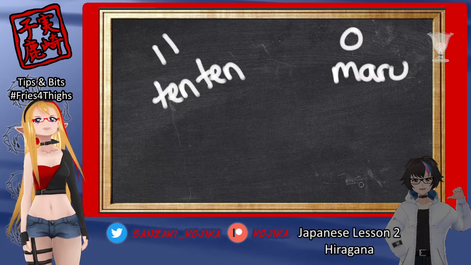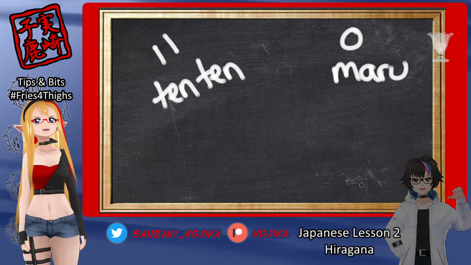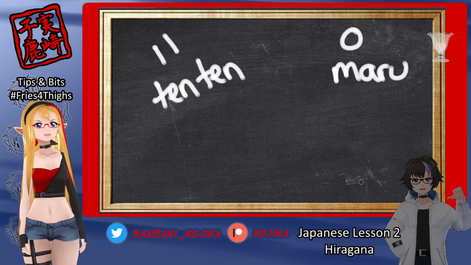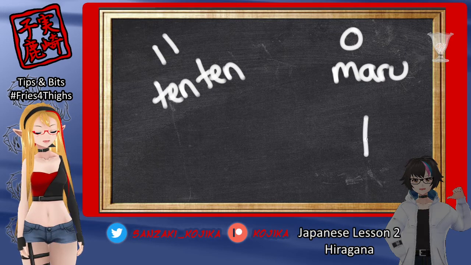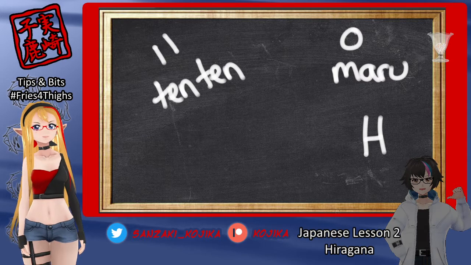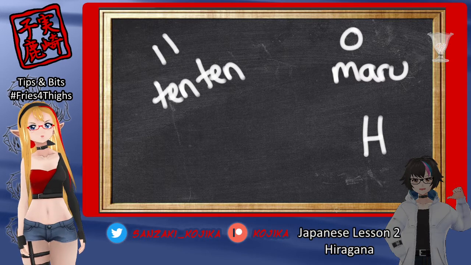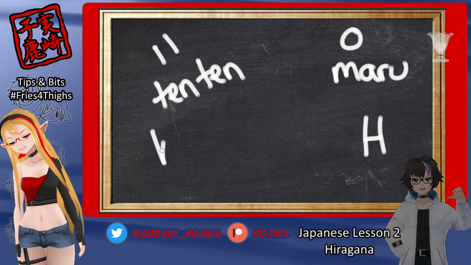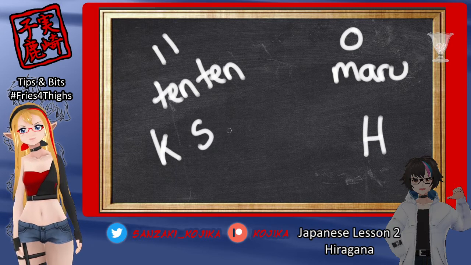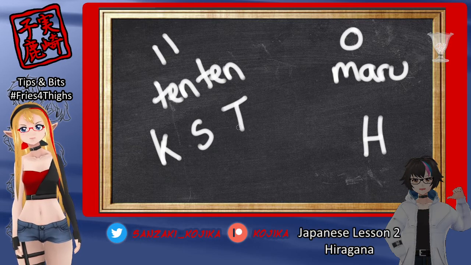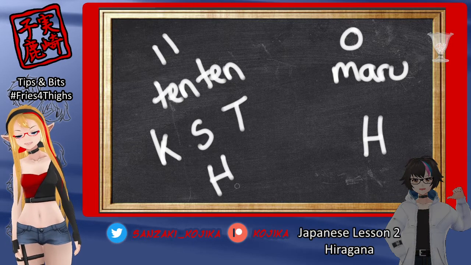What they do is change certain families to a different letter. The only family that ever gets Maru is the H family. Tenten goes to the K, S, T, and H families.